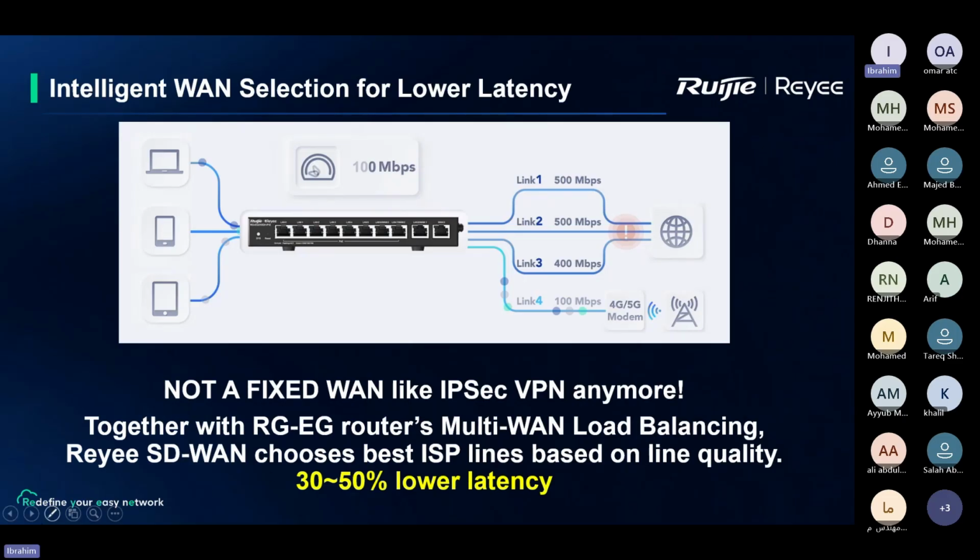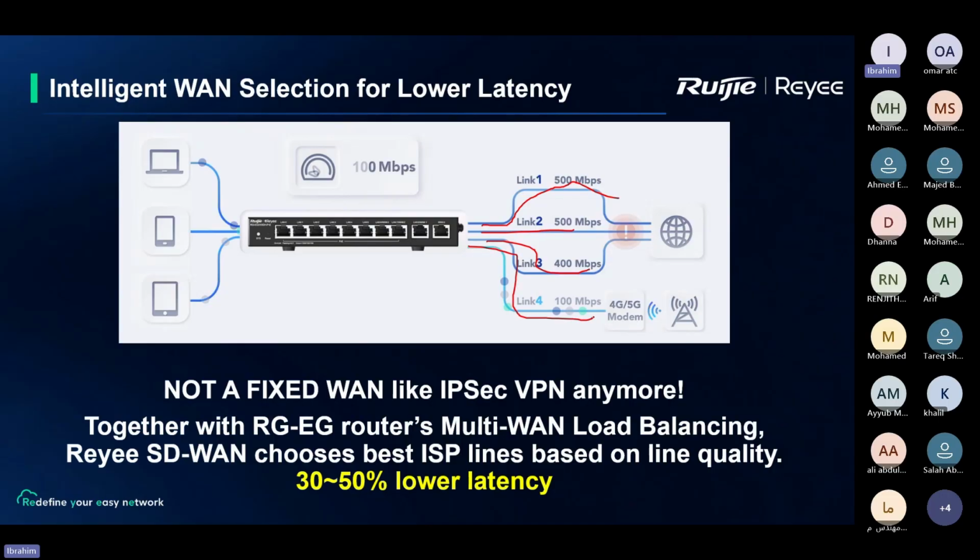Also, as you can see here, you have, for example, 3 lines. If one line has a problem, failover will automatically use the other line.